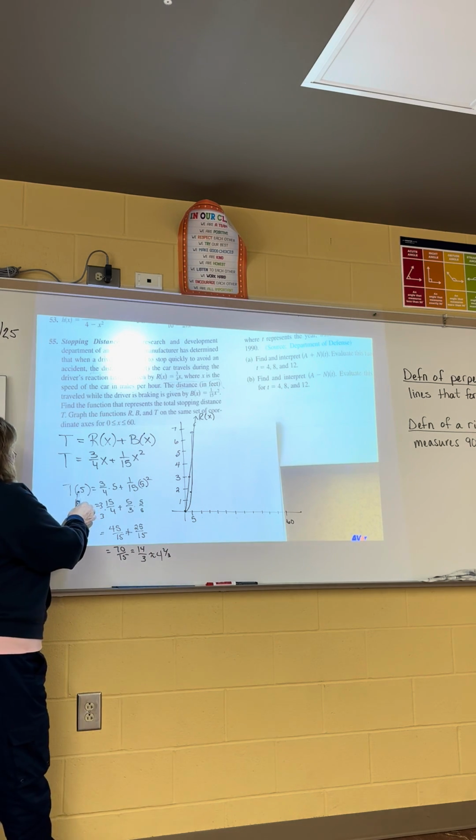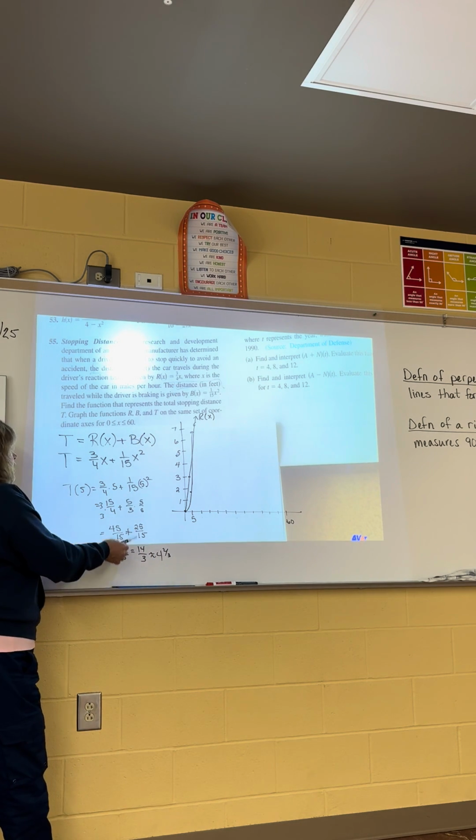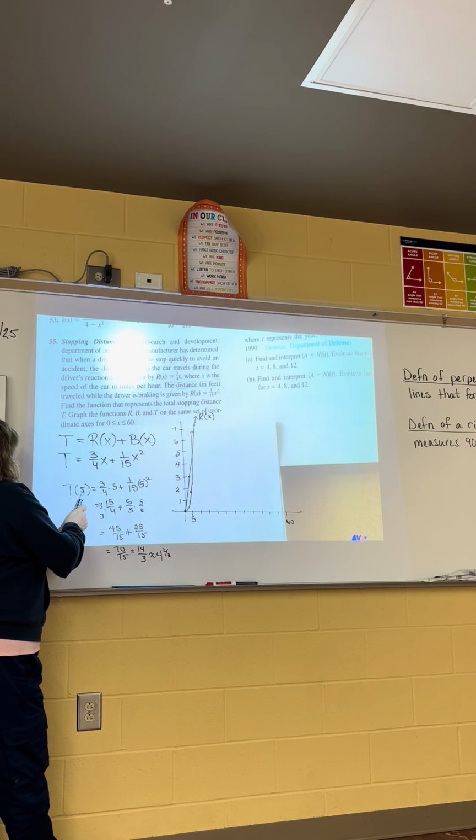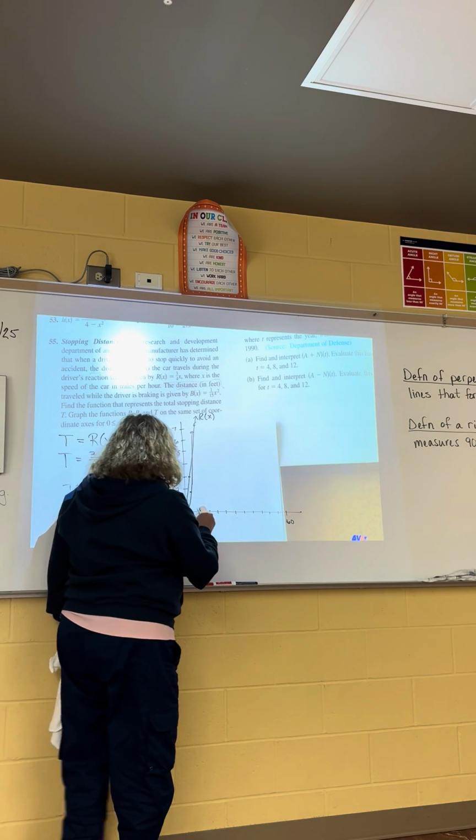So all I did was plug 5 in and did a bunch of mental math. So I know 0, 0 is on the graph of my parabola, my braking distance, and the point 5, 4 and 2/3.